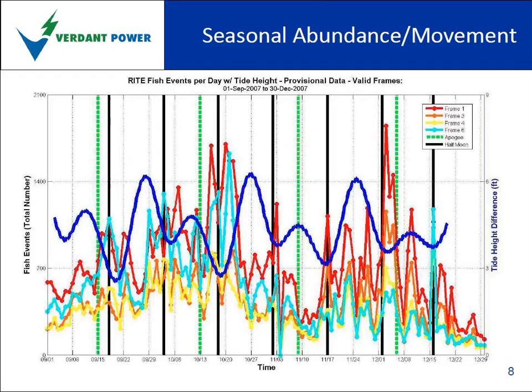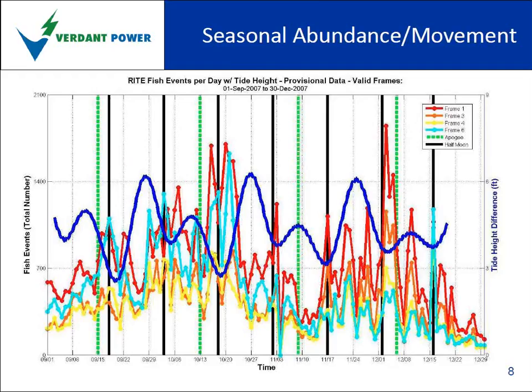And so this is some of the results. And again, I point you to the RITEproject.com for the full body of work that was done. But this was one of the key things that led us to be able to say that there is seasonal abundance and movement. The multicolored graphics are the fish events that we're seeing with the split beam transducers.